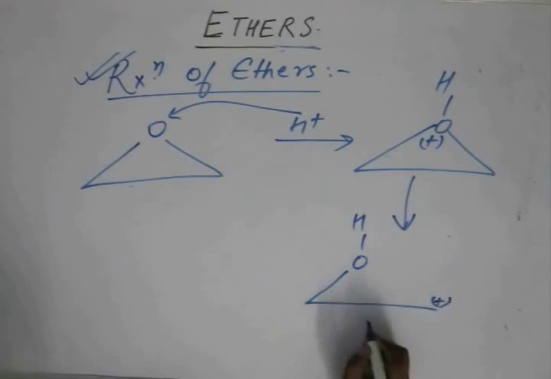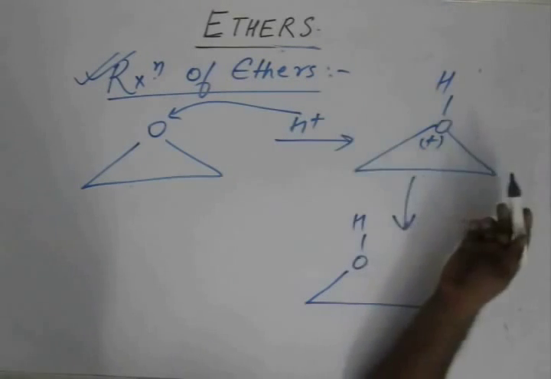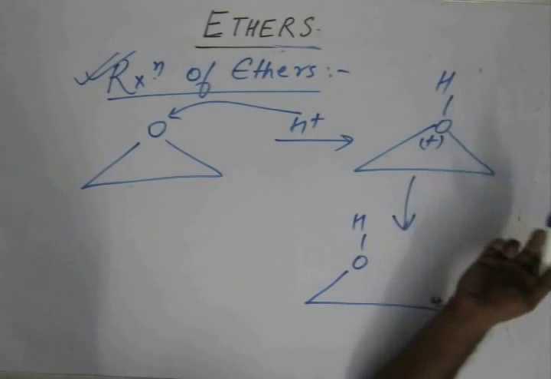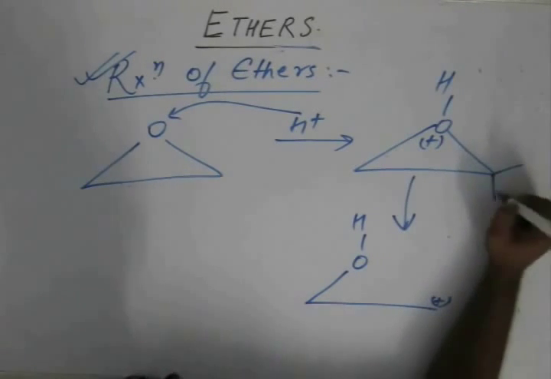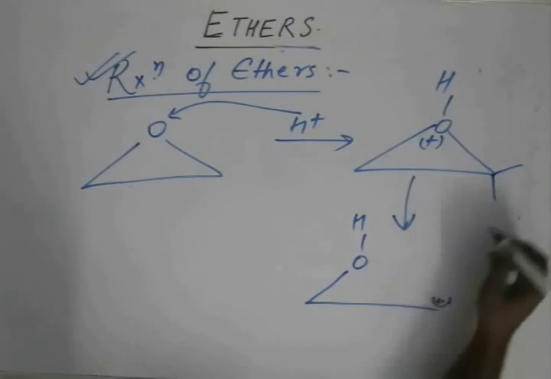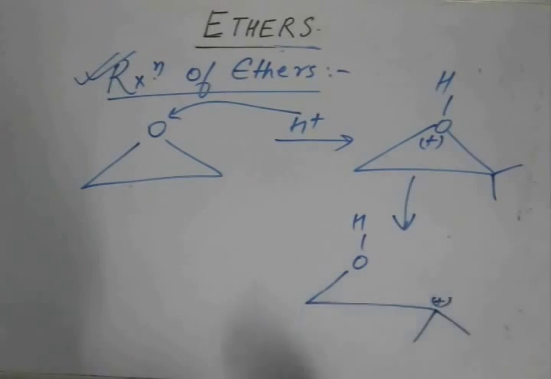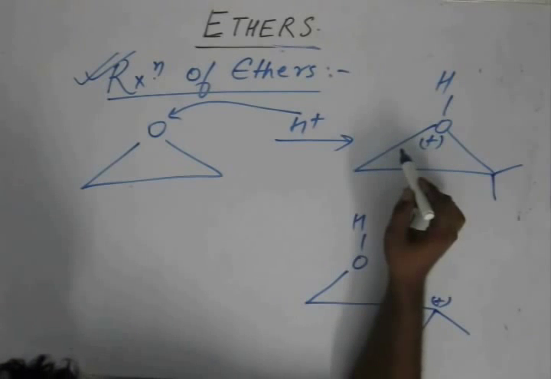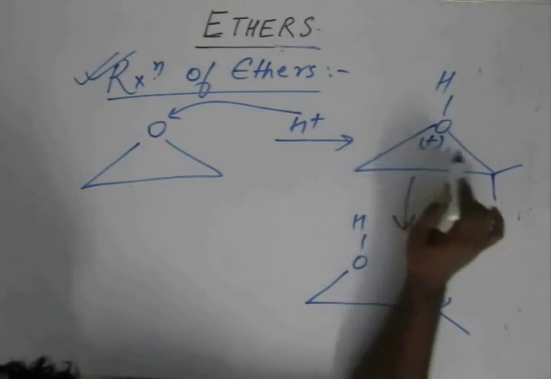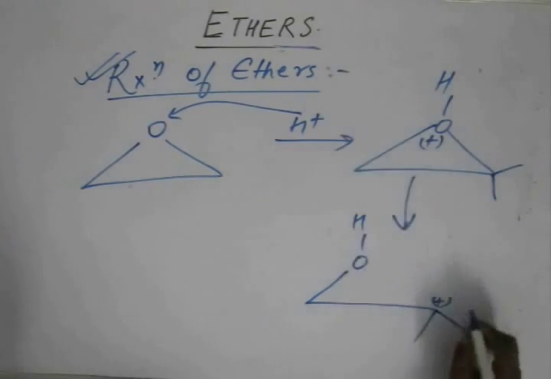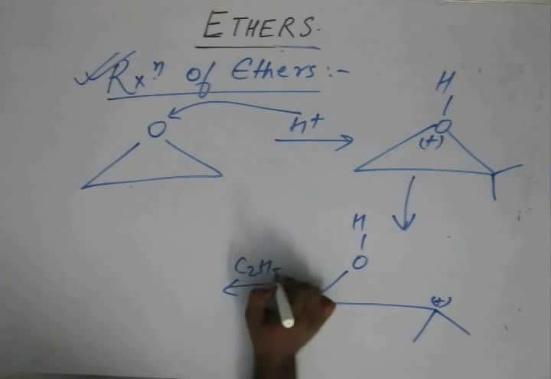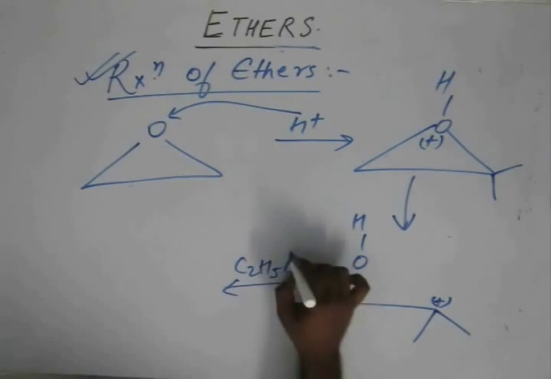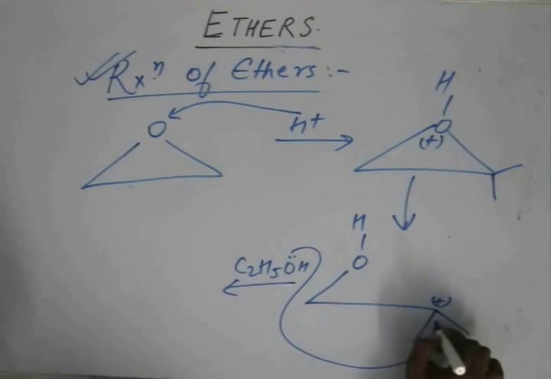Okay, in this case both were equivalent, so I need not take into account which bond was to cleave. But if the case was like this, then rather than the cleavage of this left bond, this right bond would have cleaved, which would have led to the formation of a more stable carbocation. Then C2H5OH attacks as the nucleophile.